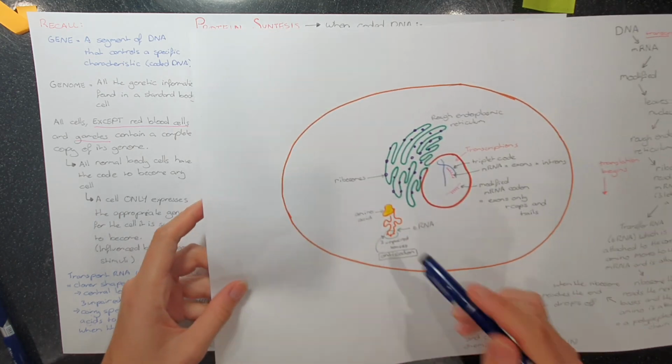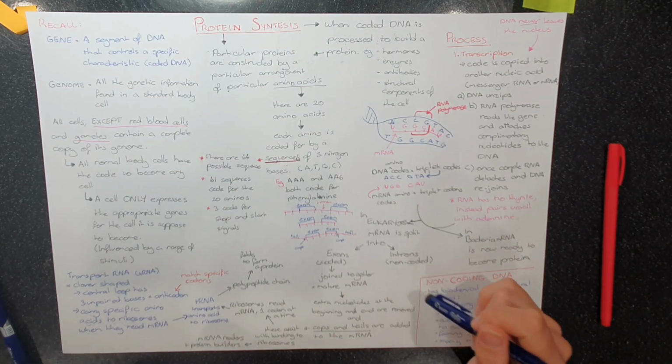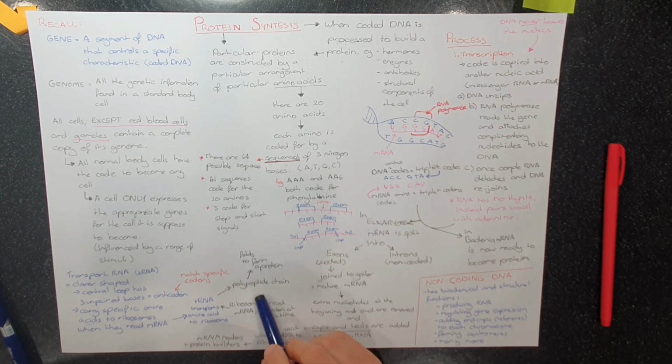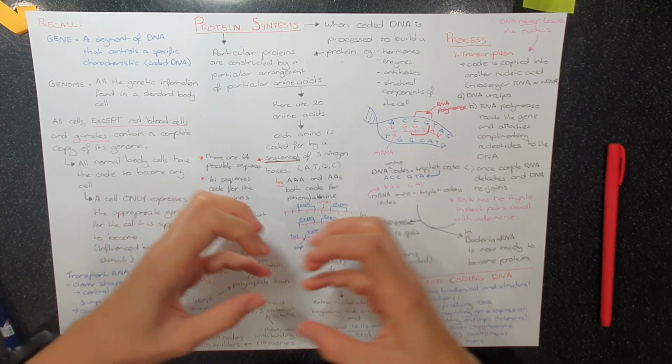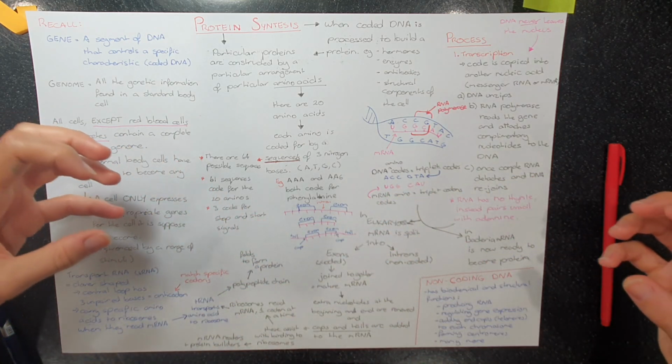Once those amino acids start to build up at the ribosome, they form a polypeptide chain. So we end up with all of these amino acids clumped together in a nice big chain. It's not yet a protein.